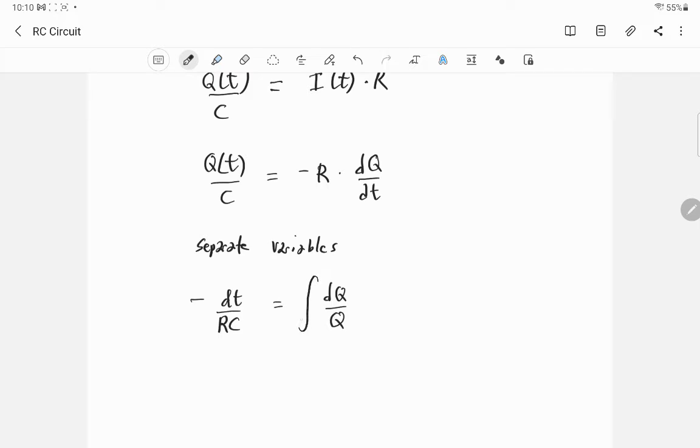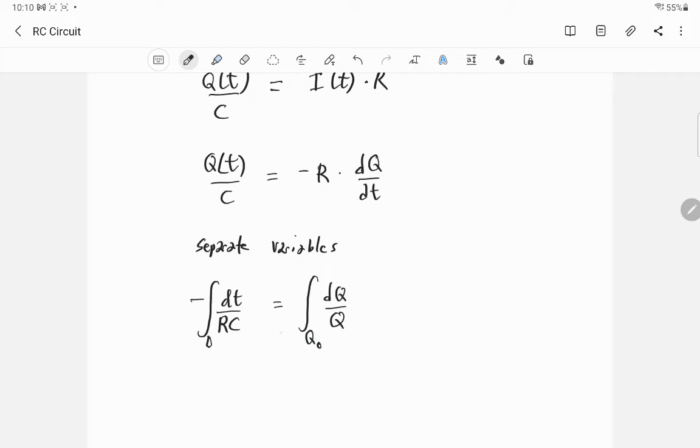So what I'm going to do, though, is this is already true. So if I integrate with the appropriate bounds, then it's also true after the integration, but the bounds have to match. And the way I'm going to match them is I'm going to say that at time t equals 0, the value of the charge, this is the charge separation, is q naught.